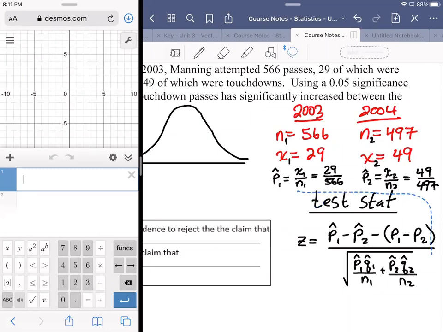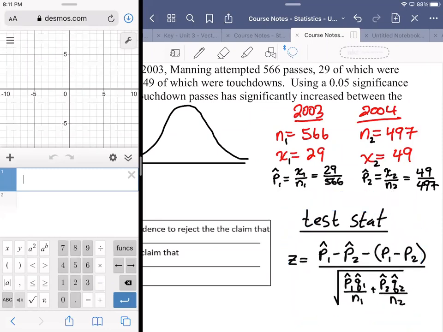I'm just going to move this down a little bit because it's getting a little cluttered. All right. So then you might look at it and say, okay, well, that's all well and good. Now, what is this q hat business? Because we've got the p hat 1 and the p hat 2, but we don't have anything related to qs. We do have the n1s and n2s. So we got a good chunk of the formula, but not enough of it to get the job done.